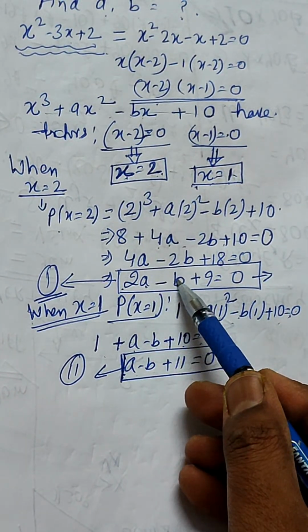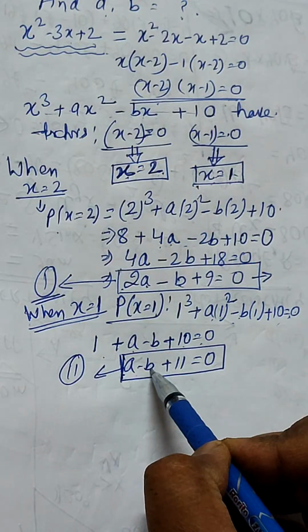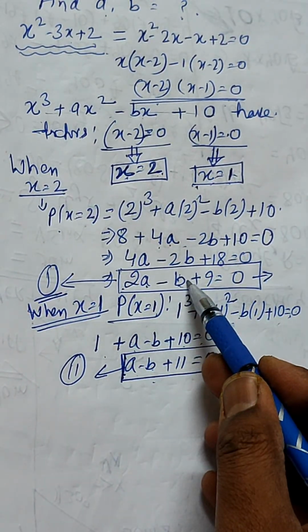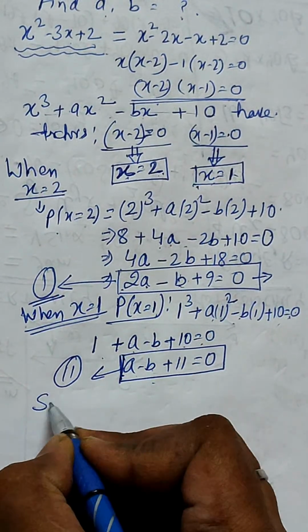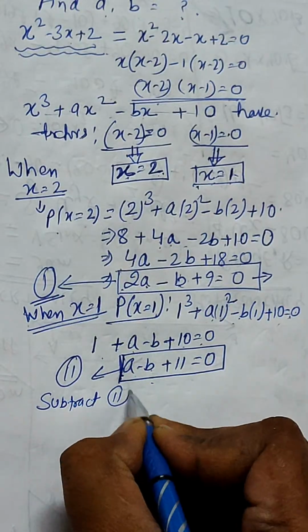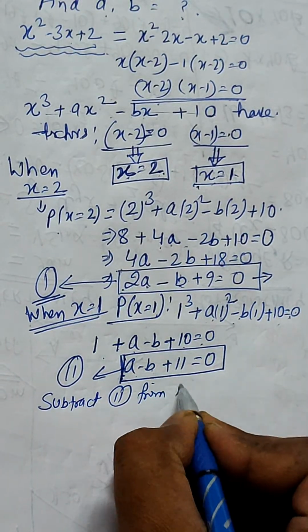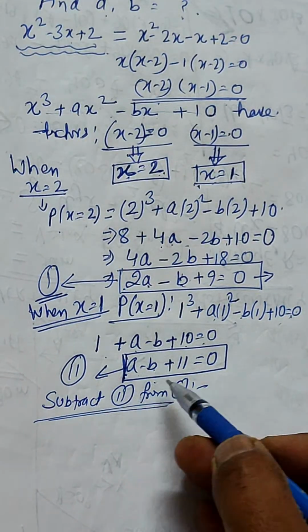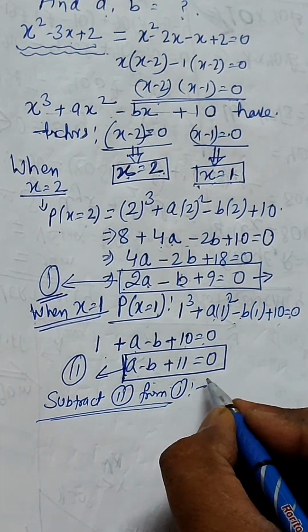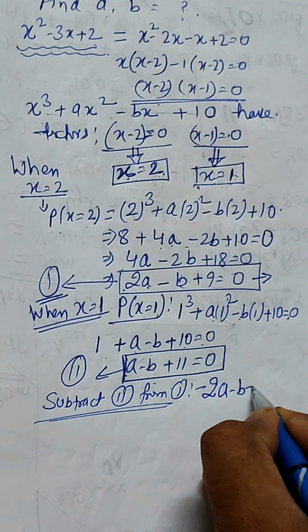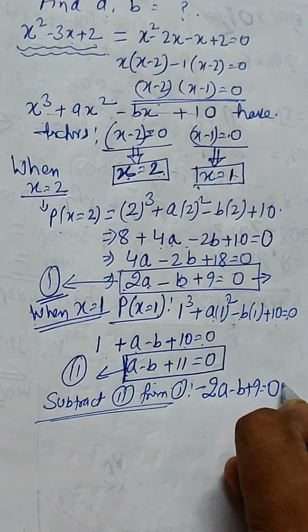You can see here minus b and here minus b. Then just subtract equation number 2 from equation number 1, right? When you subtract equation number 2 from equation number 1, then what will be there? Equation number 1 is 2a minus b plus 9 equal to 0, right?